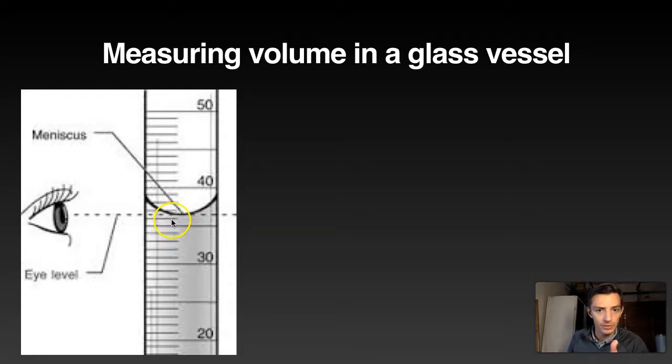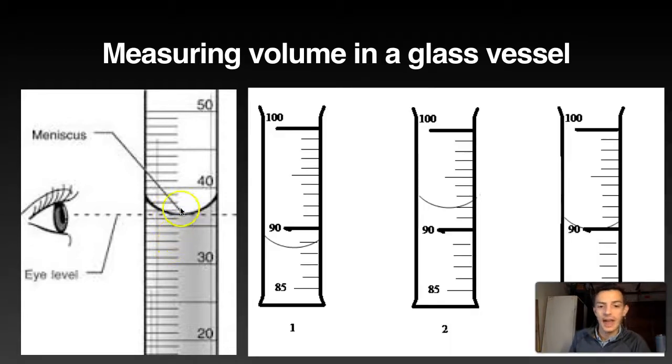You've got to be careful with this one, but you can say, well, it looks like it's about halfway between. So how about 36.5? That will be my number for this one. So 36.5, I think, is a good, accurate way to measure this one.